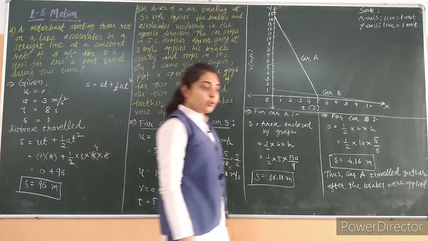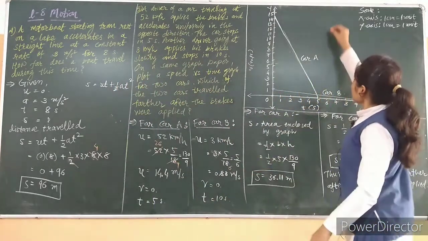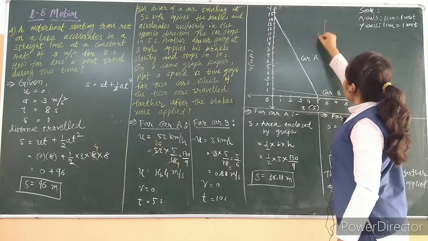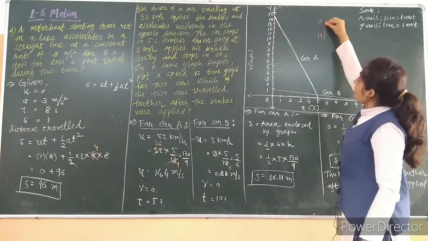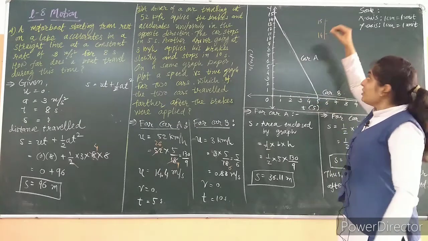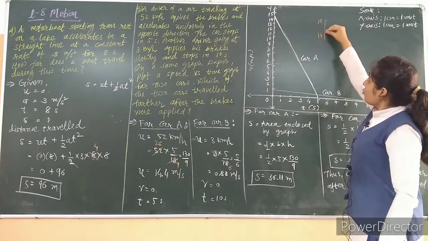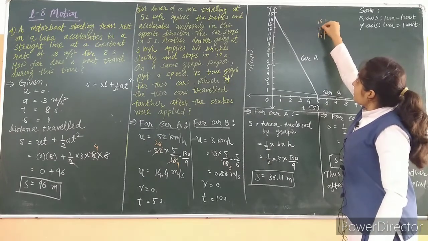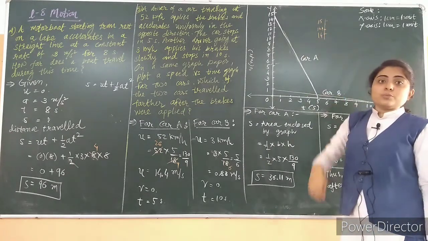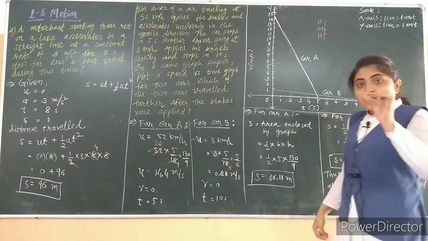How do we represent 14.4? Between 14 and 15 there are 10 lines. So we will take after 14, 1, 2, 3 and 4. That represents 14.4 meter per second.